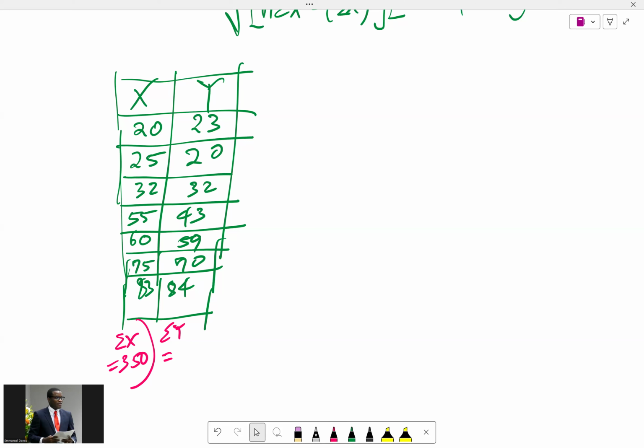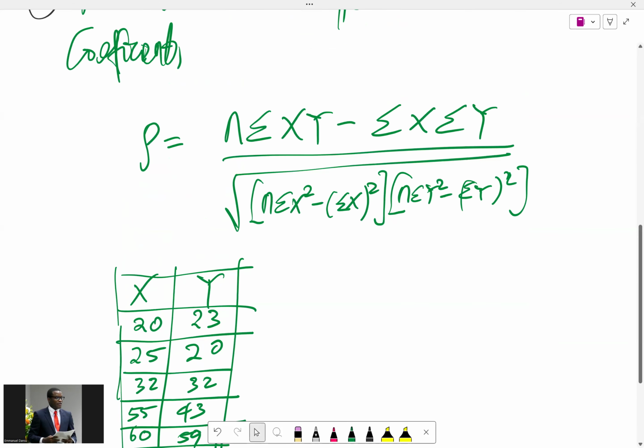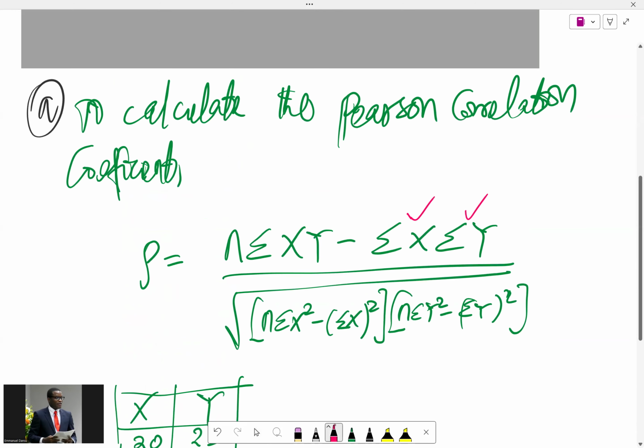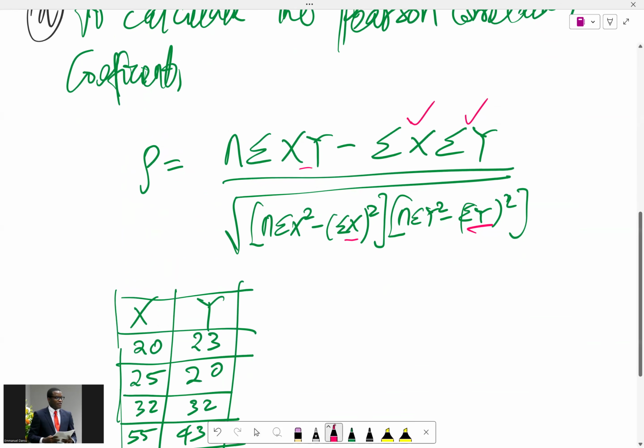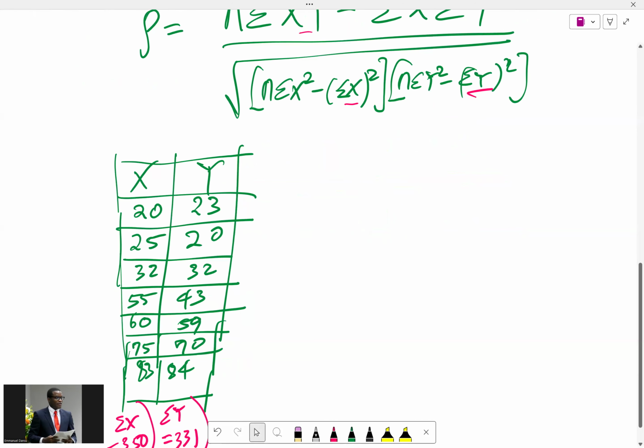Everything goes to 331. This is 331. So now we've got summation x and summation y that we need. We also need them here and here. So the next thing we need is summation of x squared, summation of y squared, and then summation of xy.